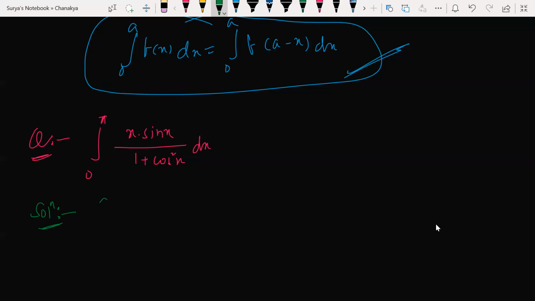And the very important question, guys, this type of question. Options: A, pi square by 4, B, pi square by 2, C, pi square by 6. This is very important for board exams as well.